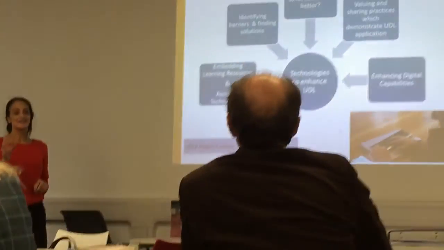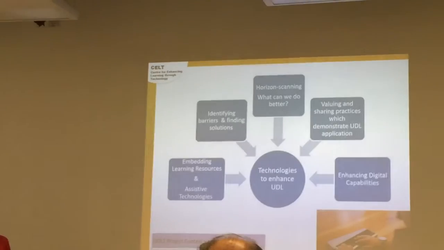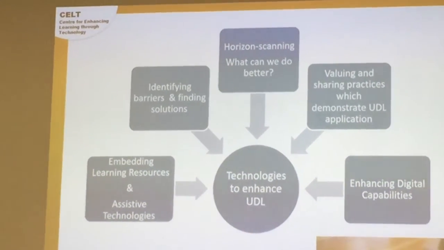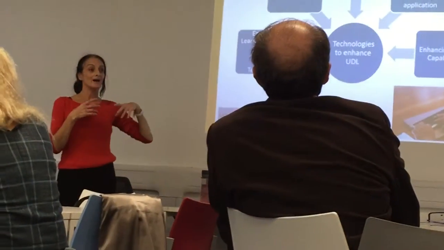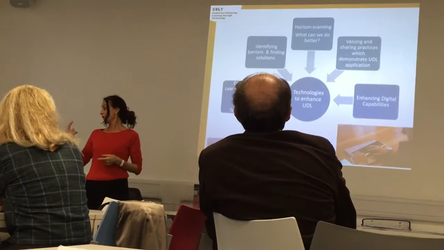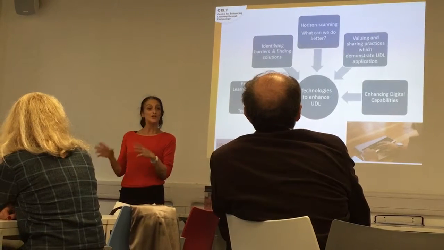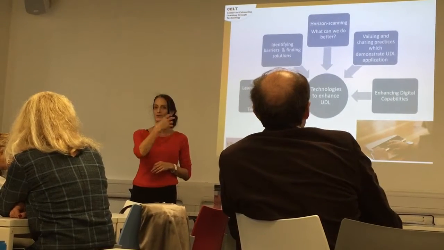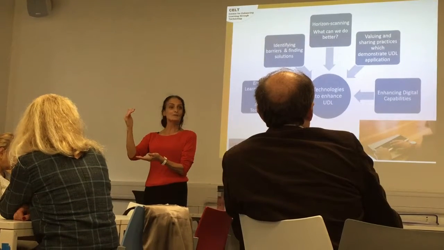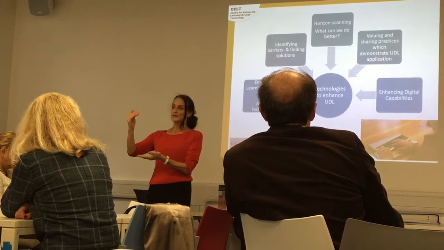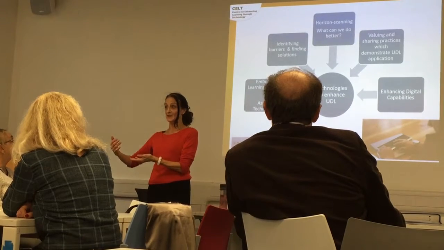So, in very brief, this is the project that we're working on at the moment. It's basically, as Neil was saying, about enhancing digital capabilities. We've also got a part on horizon scanning, and some of the things I've been working on are creating not a set of prompts, but a checklist, so that if anybody is going to buy new technology or use a new technology, we have some prompts for you to work through and decide if you think that this is an accessible technology.